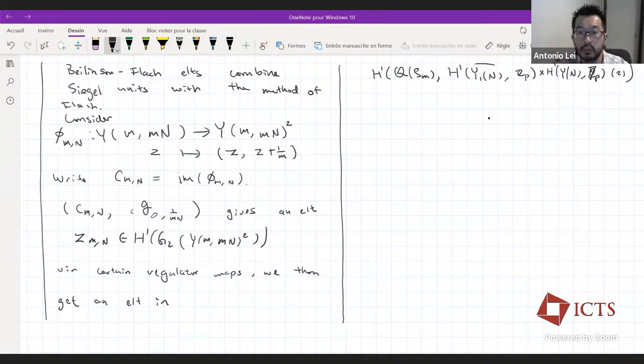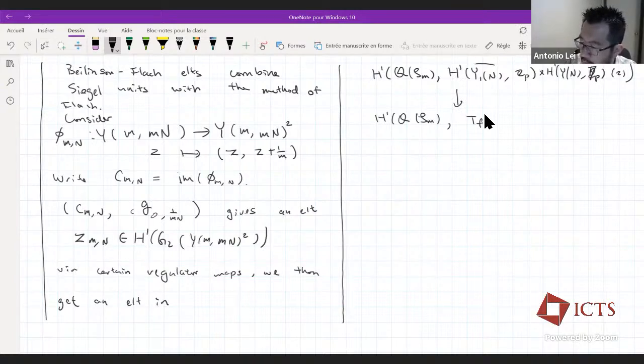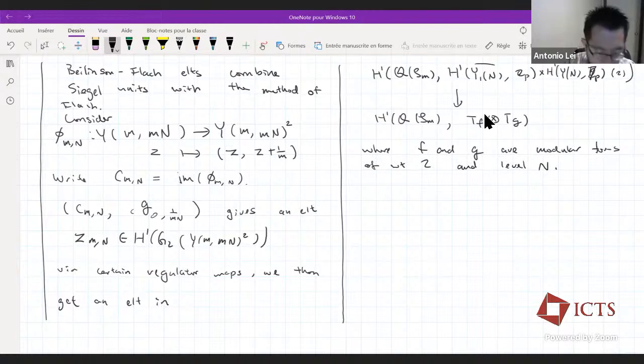And then if I have two modular forms, F and G, of weight 2 and level N, a bit like what we did earlier with the construction of Beilinson-Kato elements, I can find a map going from this Galois cohomology to T_F tensor T_G, where F and G are modular forms of weight 2 and level N. Okay, so the construction, as you can see, really is inspired by what Flach did for the symmetric square case.